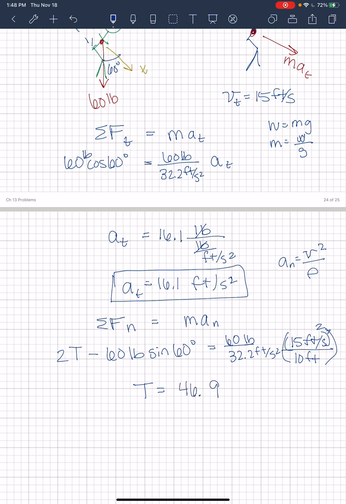Let's see what the units do. So feet squared per second squared, so that would be feet per second squared over here, which would cancel out with that one. So then we get pounds, which is correct. So we get T equals 46.9 pounds. So we found a sub t and T.